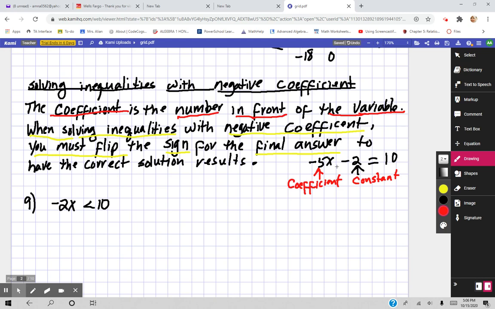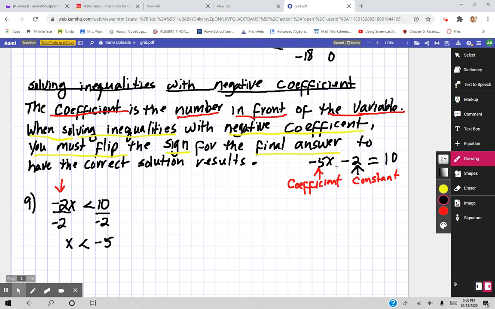All right, so you see we have a negative coefficient right here. This is a negative coefficient. It's not positive. So we're going to have to flip our sign at the end. All right, let's solve it first. Let's divide both sides by -2. So then the answer is going to be, you would say this, okay?